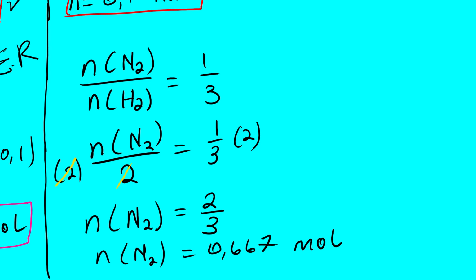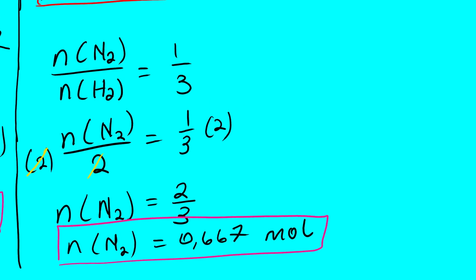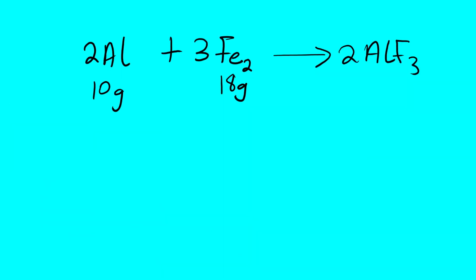So we need 0.667 mole of nitrogen. So let us check whether we have enough of that. You can see that this one is smaller than this one. We need 0.667, but we only have 1.2. So we can conclude that nitrogen is the limiting reagent. Our next example, you can pause the video, try to determine the limiting reagent and play the video to verify your answer.